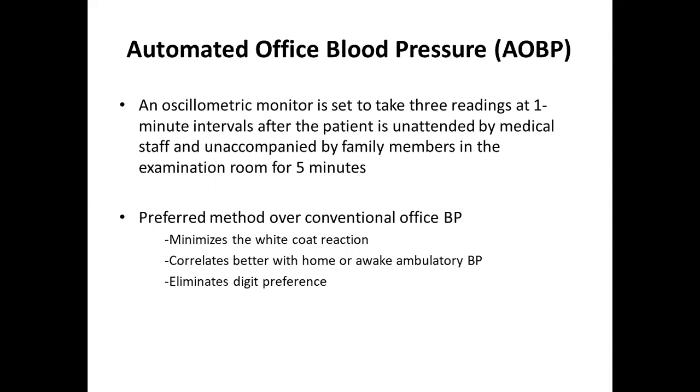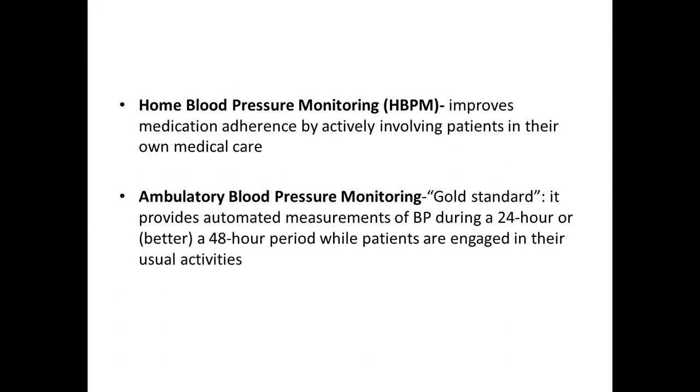The benefit is that this system of BP measurement is unattended by the medical staff or the family members, so it cuts the chances of having white coat hypertension. It also correlates better with home or awake monitoring, and it is more accurate than manual measuring. So it is used nowadays in many office setups to measure the blood pressure accurately.